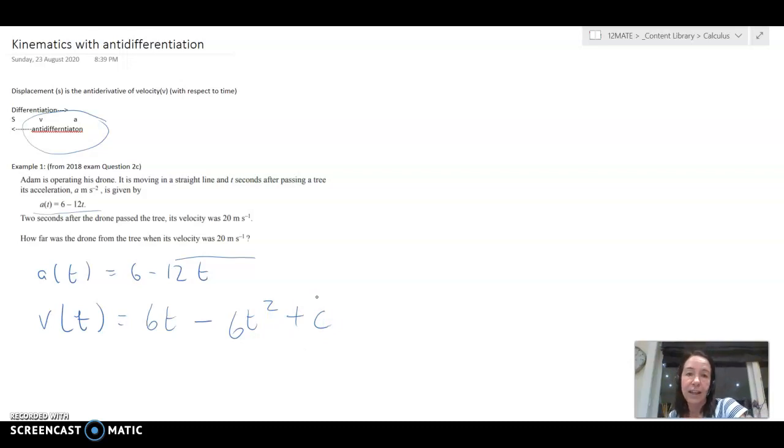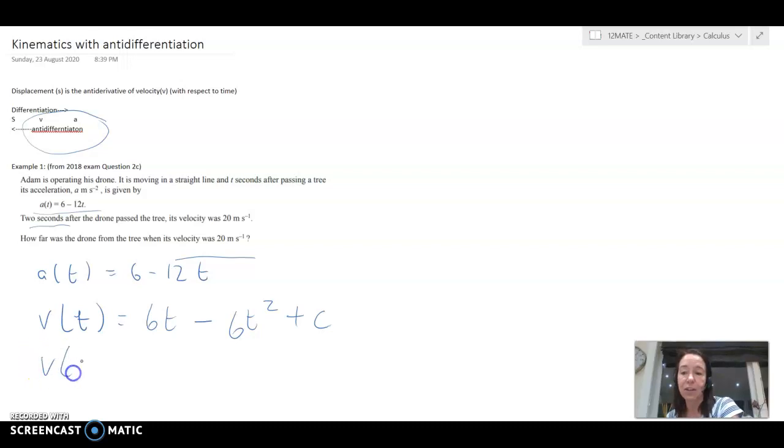Now for that, you get an achieved mark. So just, if it looks like a kinematics question, just anti-differentiate and you've got some marks straight away. The next part is it says 2 seconds after the drone passed the tree, its velocity was 20 meters per second. So we've got a time and we've got a velocity at that time.